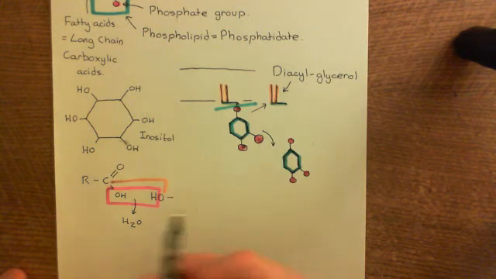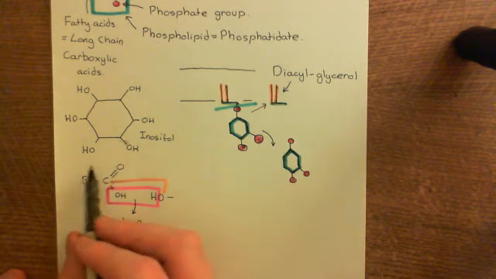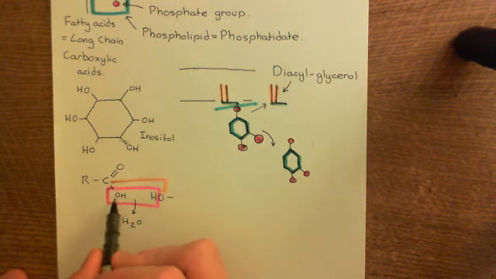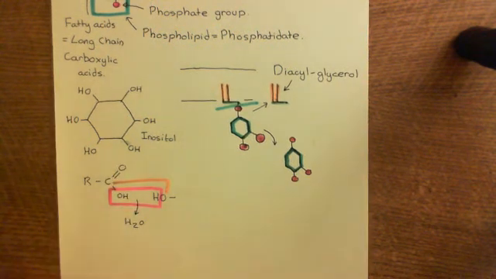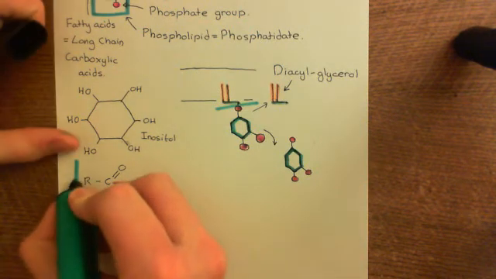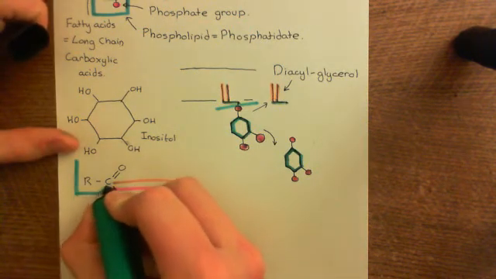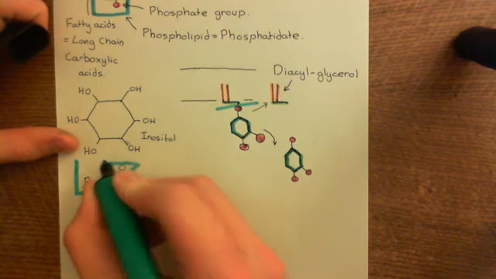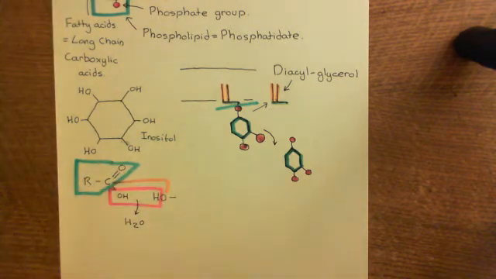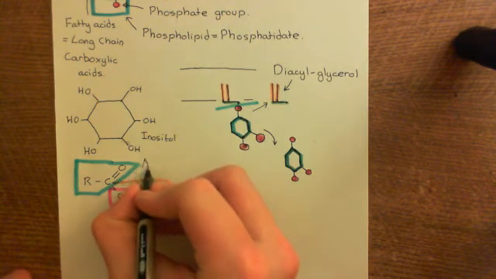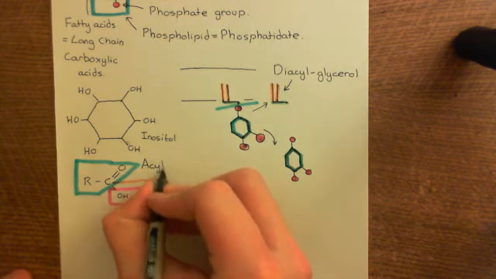So you don't actually add on the whole carboxylic acid group. Instead, you just add on this structure here, which I'm now highlighting in turquoise. This structure in turquoise is what's known as an acyl group.